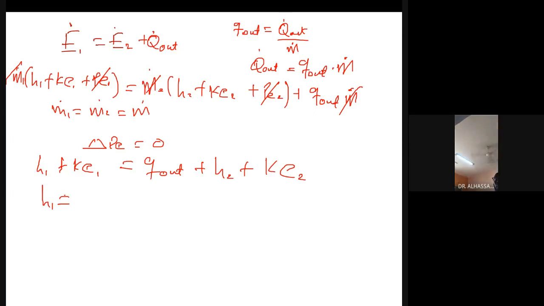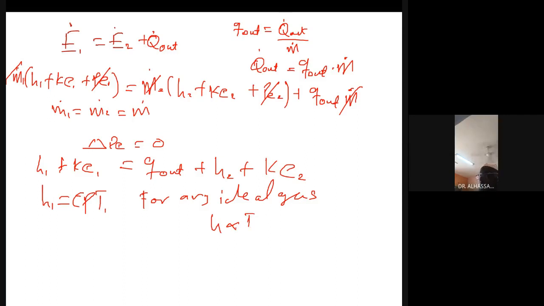You see, carbon dioxide is an ideal gas. So for all ideal gases, H1 equals to Cp times T1, because the enthalpy of an ideal gas is always proportional to the temperature.